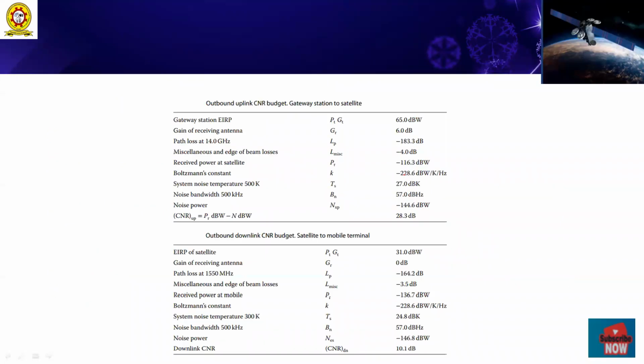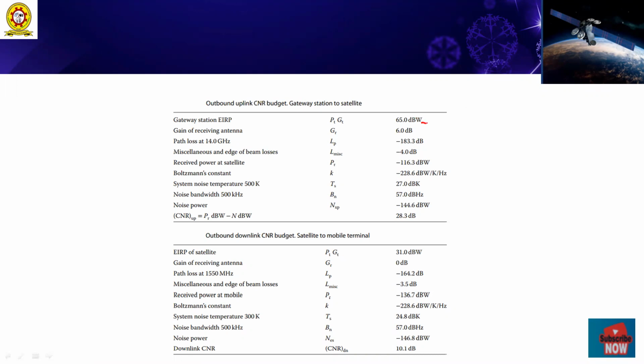By using all this data, we are able to calculate the outbound uplink budget sheet with our previous theory. The same procedure will be followed to calculate the outbound link data.